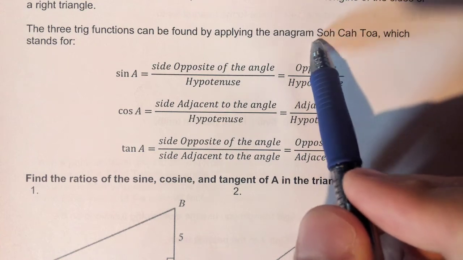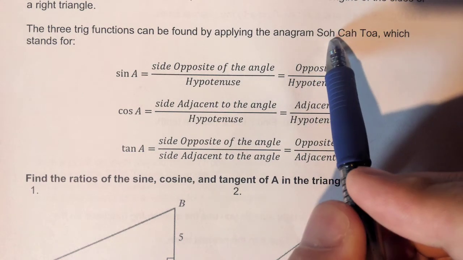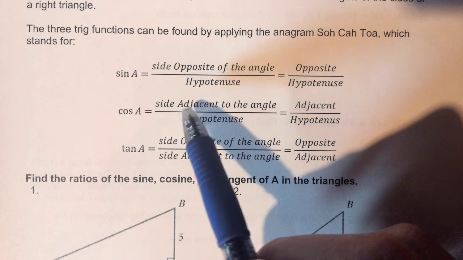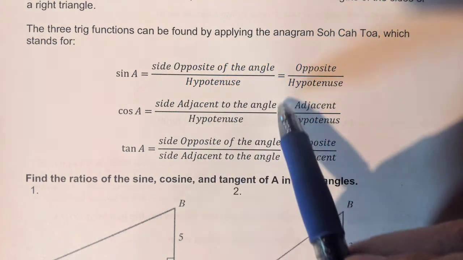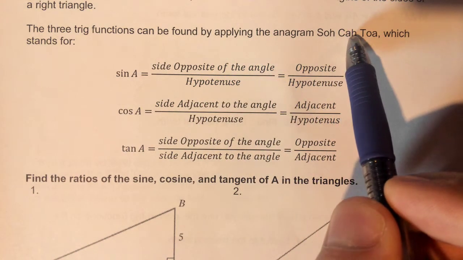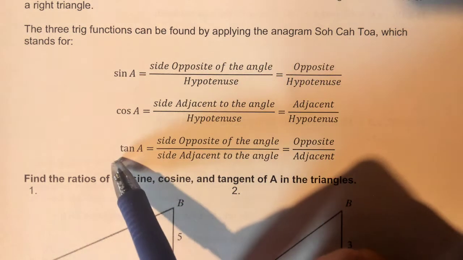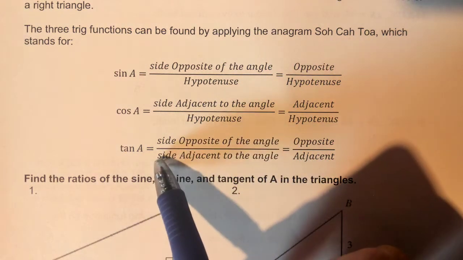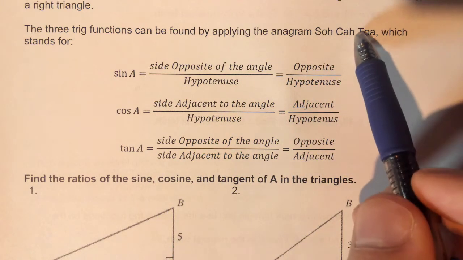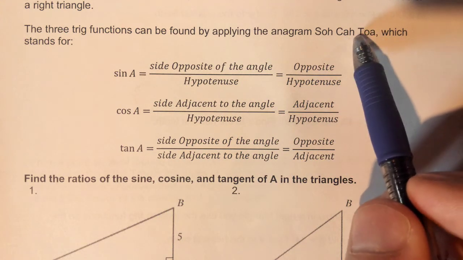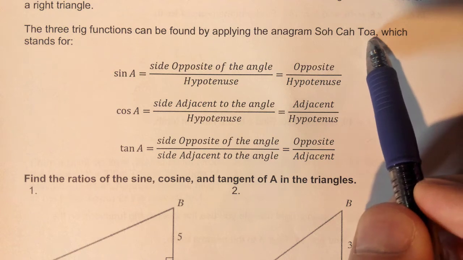So sine is opposite over hypotenuse. Cosine is the adjacent side over the hypotenuse. So that's why it's CAH. Cosine is adjacent over hypotenuse. And then tangent is the opposite side over the adjacent side. So that's the TOA. Tangent is opposite over adjacent.